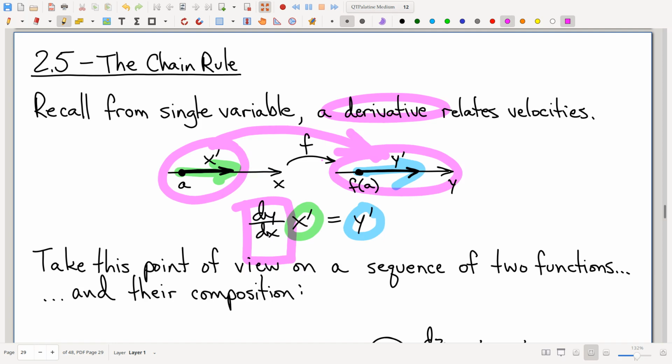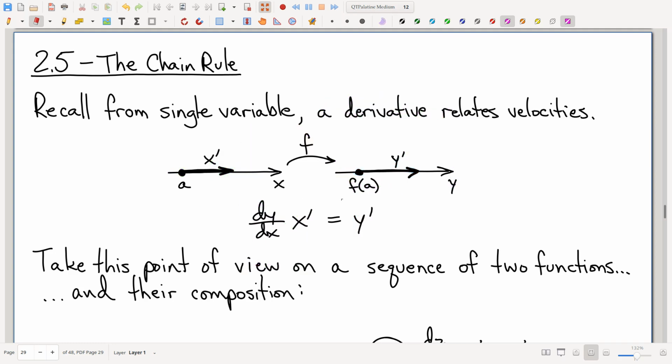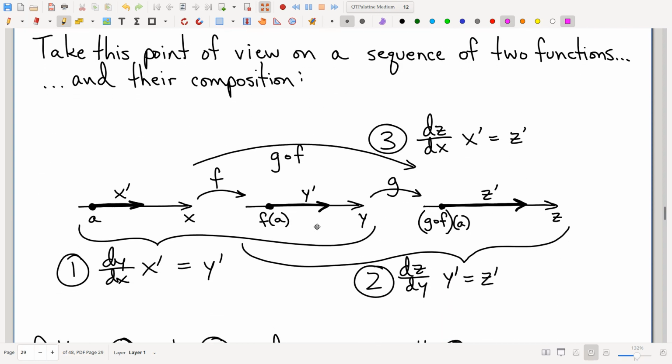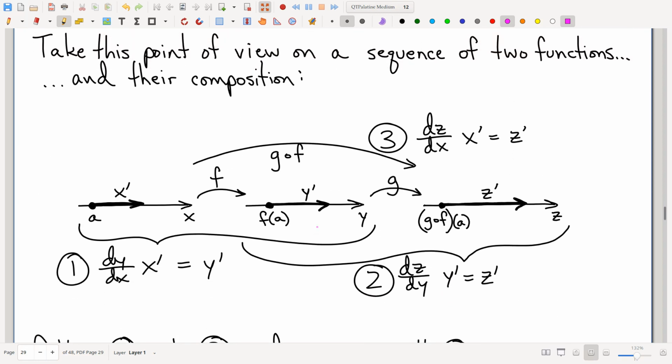These could be differentials. Here I've got them written as velocities, whatever. So everybody remembers this point of view on derivative? Yeah? Everybody happy with that?